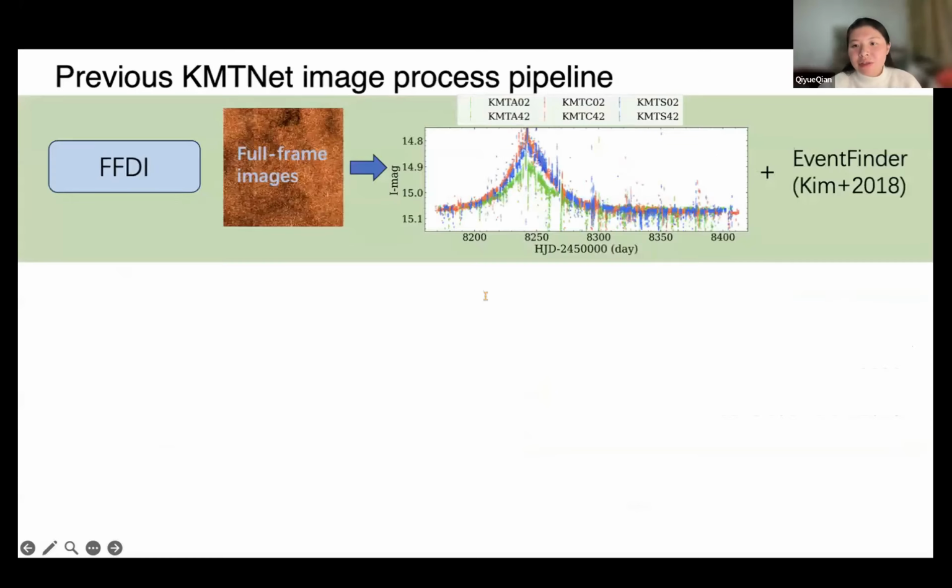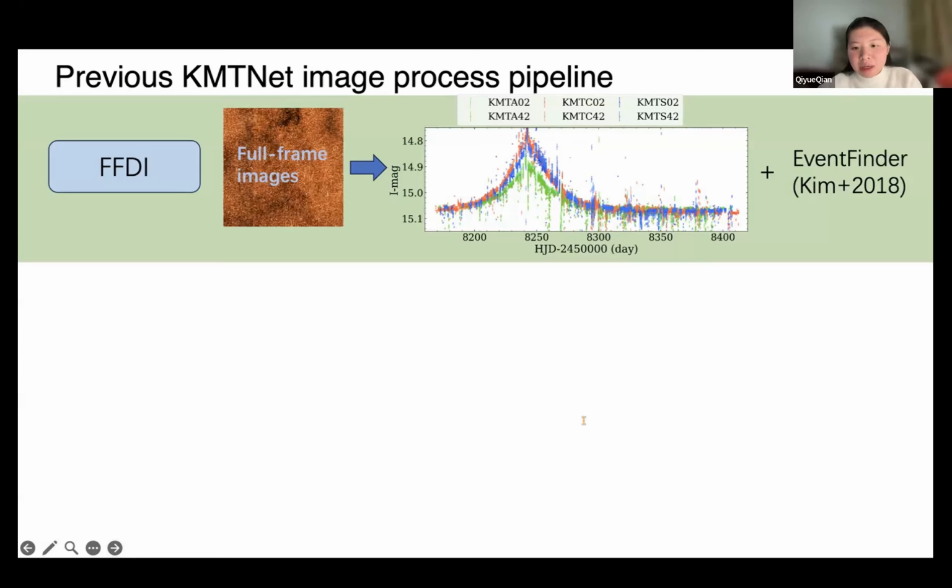To understand the tension, we have to look back to the workflow of KMT. And the previous KMTNet image process has 3 steps. First, they use the FIDI pipeline for the full-frame photometry and use the event founder to search the microlensing events.